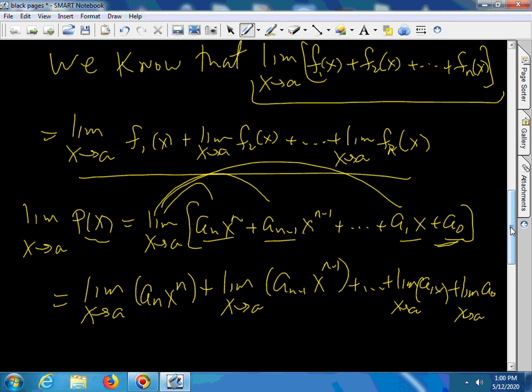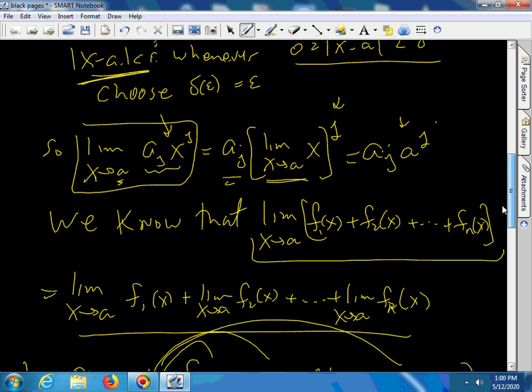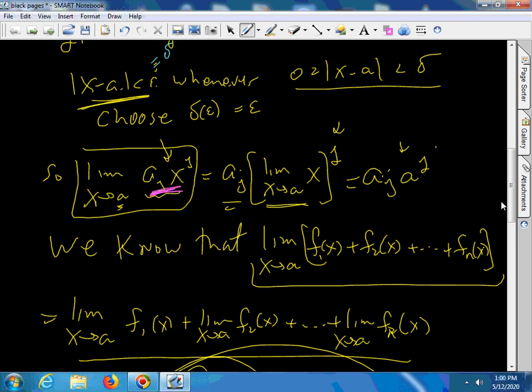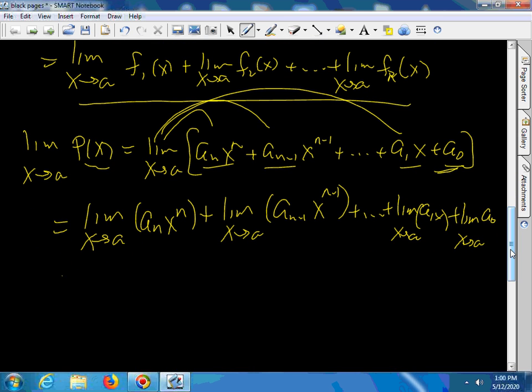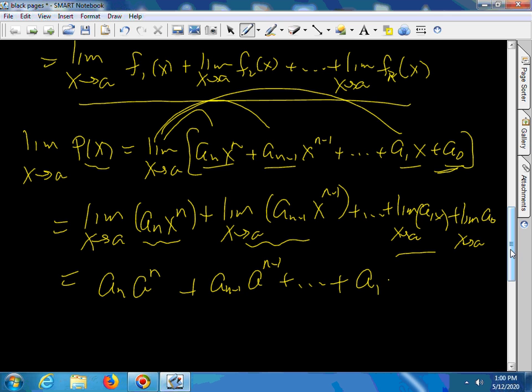But now, we know the limit of things of this form is just direct substitution. So the limit of the first monomial is a sub n times a to the n, plus the limit of this one is a sub n minus 1 times a to the n minus 1, all the way down to the limit of that one, which is a1 times a, plus this is just a constant, and the limit of a constant is the constant.